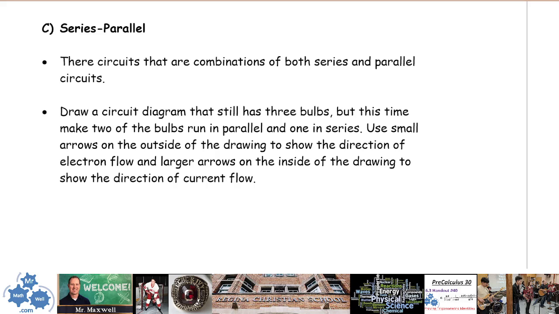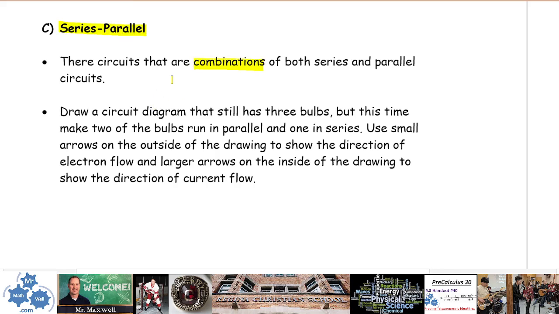All right. Let's see, the last part here: series and parallel. There are circuits that are combinations of both series and parallel circuits. Let me get to my proper notes here. There we go. So series-parallel circuits are combinations of both.